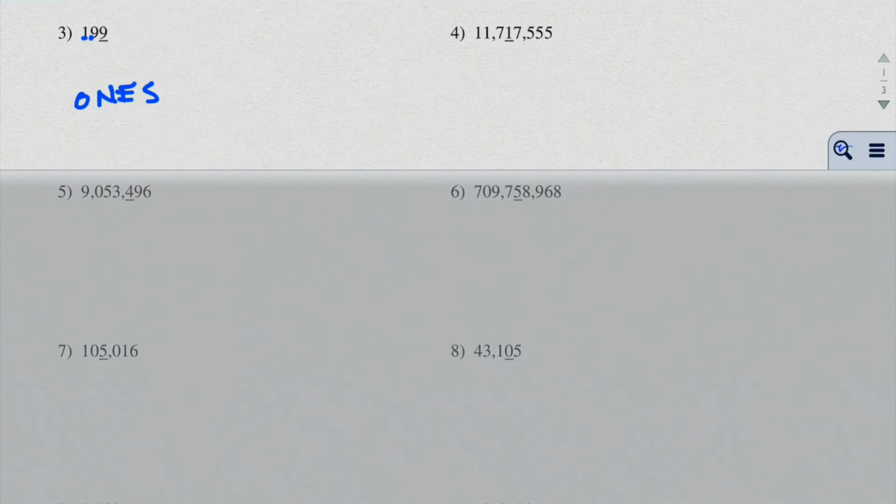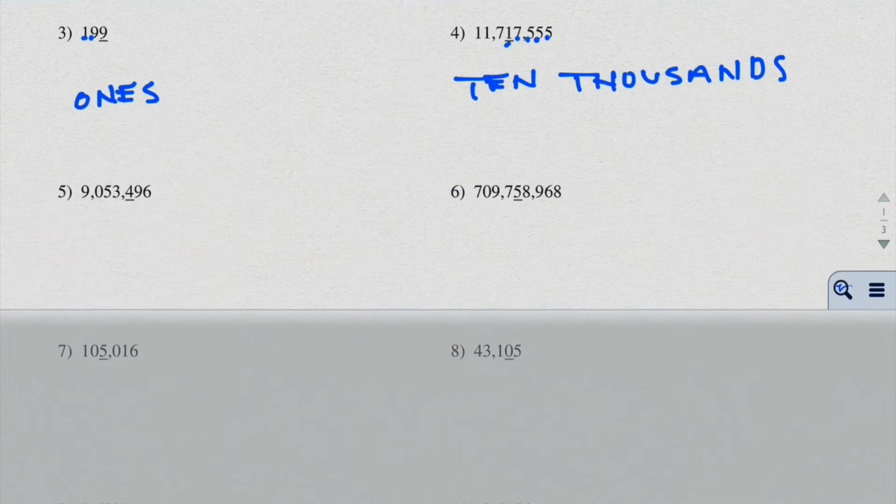Okay, number 4, this 5 is in the ones place, this 5 is in the tens place, this 5 is in the hundreds place, this 7 is in the thousands place, and this 1 is in the 10,000s place. Okay, number 5.